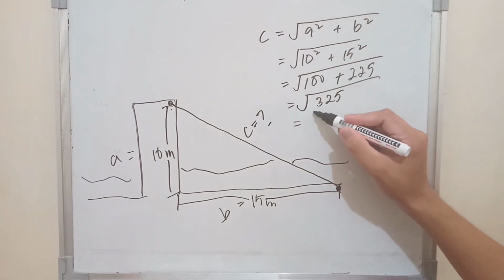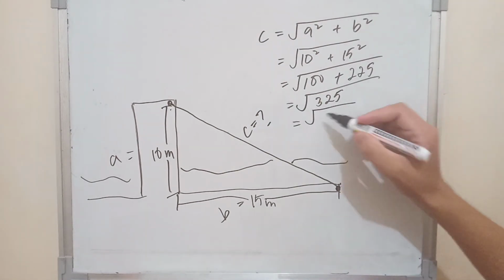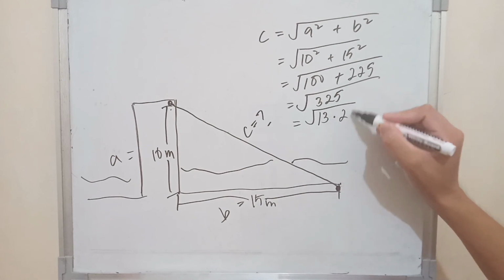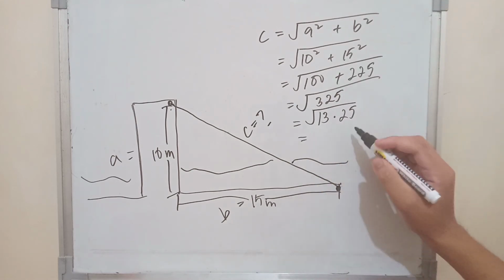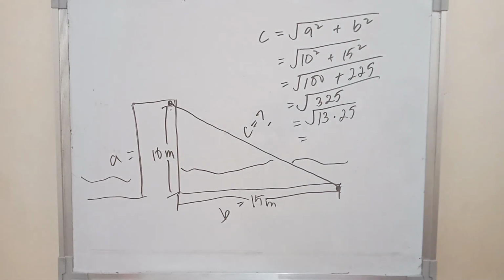Then, simplify po natin itong the square root of 325. So, i-factor po natin yung 325. So, 13 times 25. 13 times 25 is 325. So, itong 25, pwede natin siyang makuha ang square root ng 25.